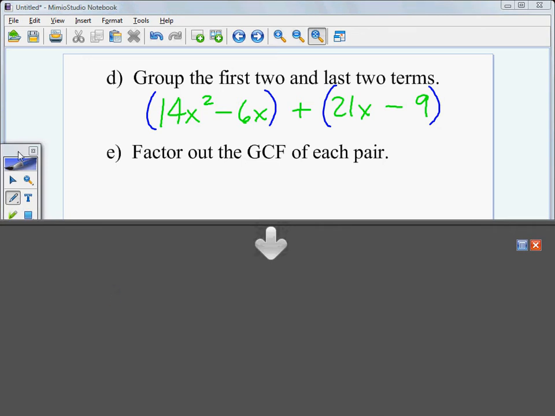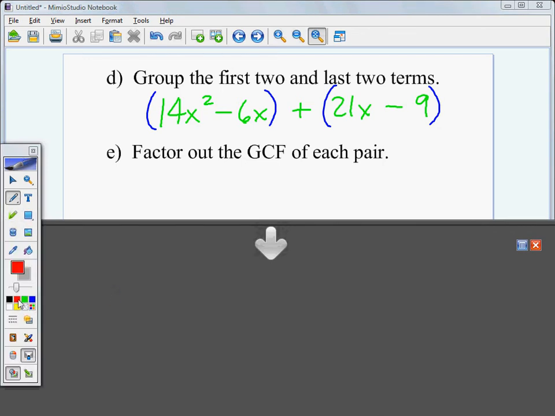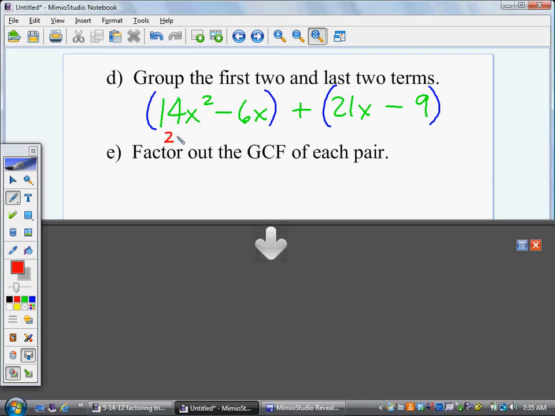And the next step is we're going to factor out the GCF. So this is where you're going to think of 14x squared as 2x times 7x, and you're going to think of this as 2x times 3. So there's your common factor. And in this one, it's going to be 3 times 7x and 3 times 3. And again, there's your common factor.